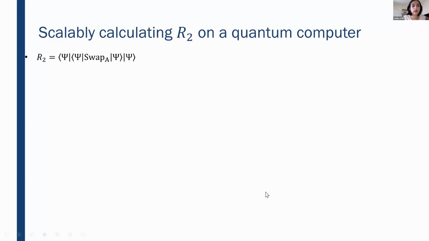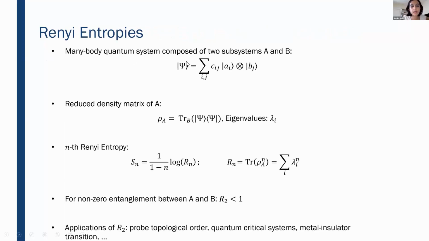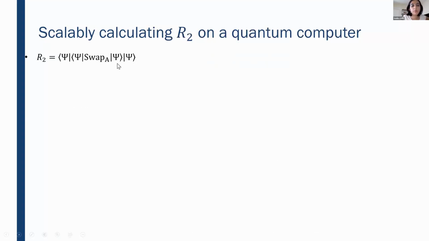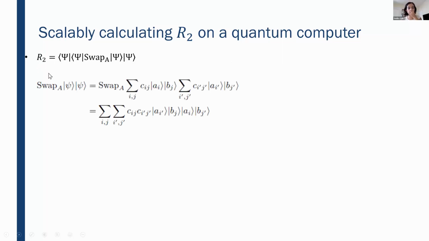Here I define the state psi. Now, if we prepared 2 copies of the state psi and we measured the expectation value of an operator that swaps the degrees of freedom in just subsystem A, that will give you the Renyi entropy of subsystem A.